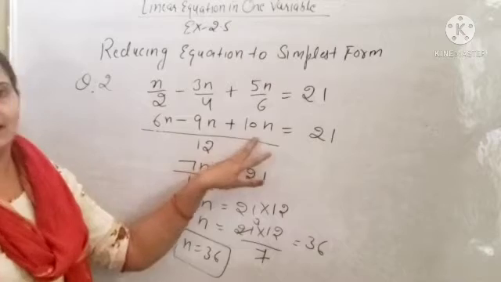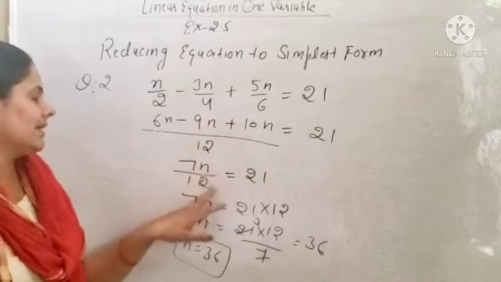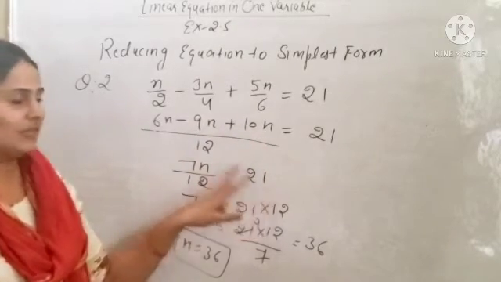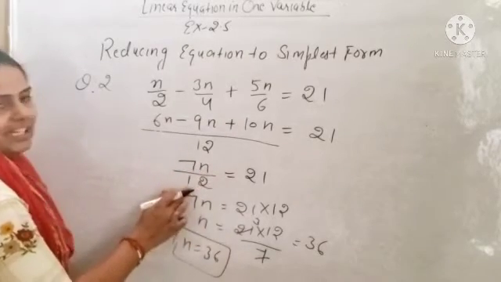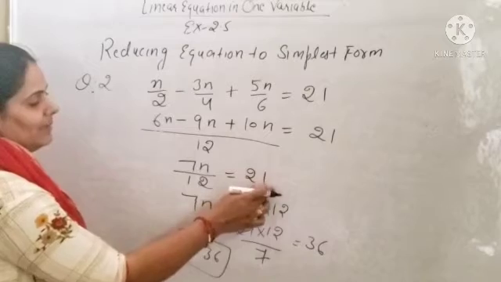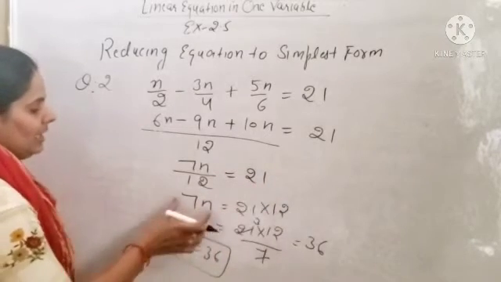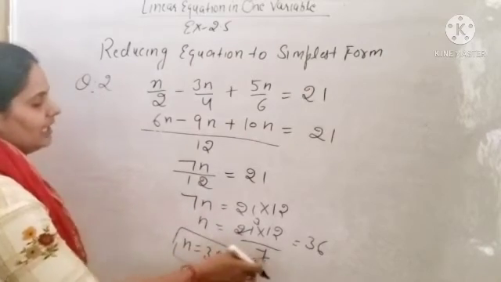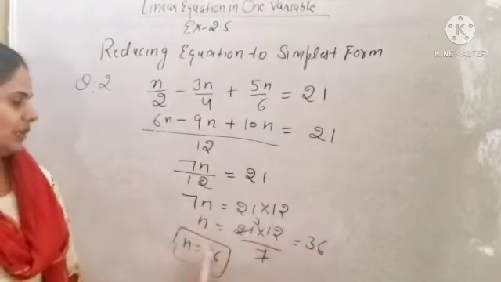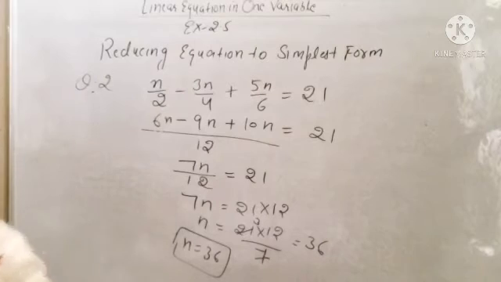Now 6n plus 10n, 16n minus 9n, you will get 7n by 12 is equal to 21. Now first you will find the value of 7n. So 7n will be equal to 21 multiplied by 12, since 12 is in division so it comes in multiplication. Now what is the value of n? 7 is in multiplication, so you take it to the right hand side, it will come in division, cancel out, and you will get the value of n is equal to 36. Clear, beta?